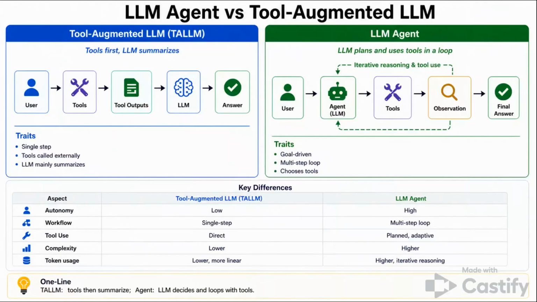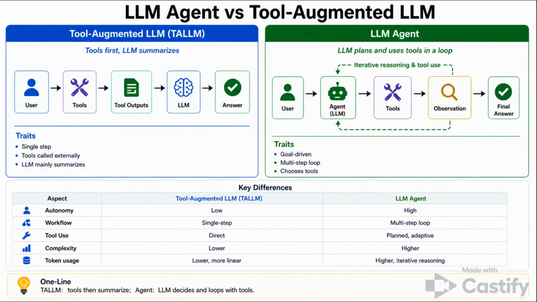Hello all. Today I'll be talking about LLM agent versus tool augmented LLM. So basically, I'm trying to propose here that you don't need an agent for all your tasks. If you have a single function objective, you need not create an agent, or call an agentic system.